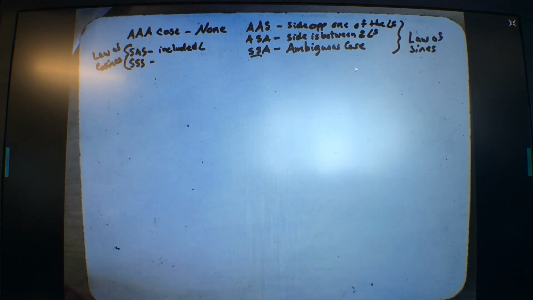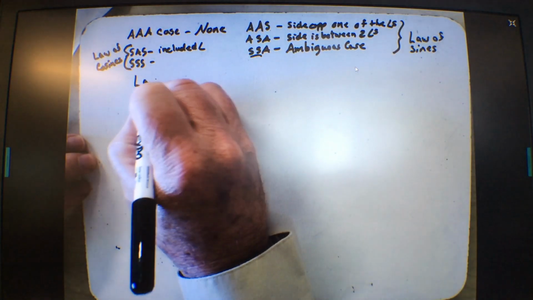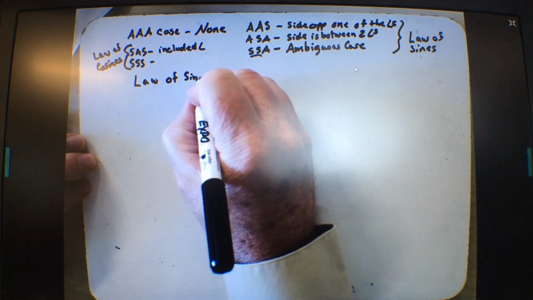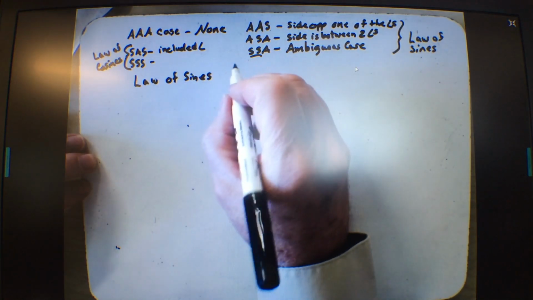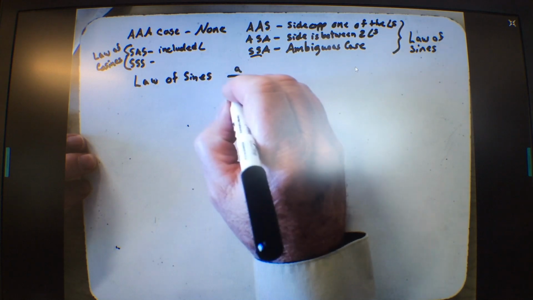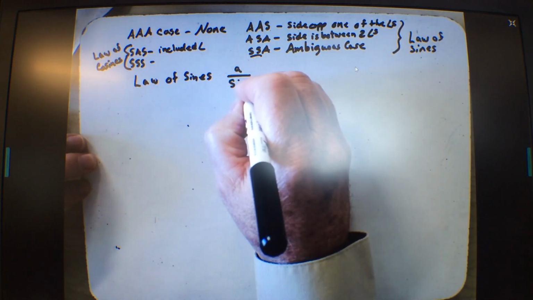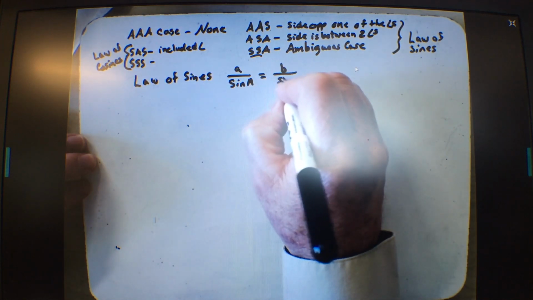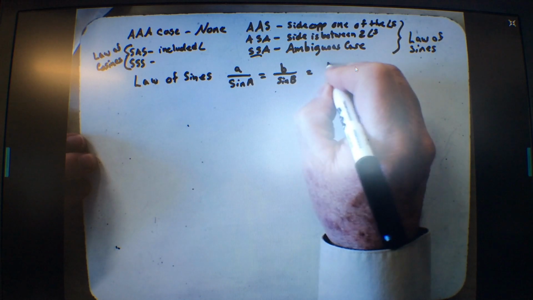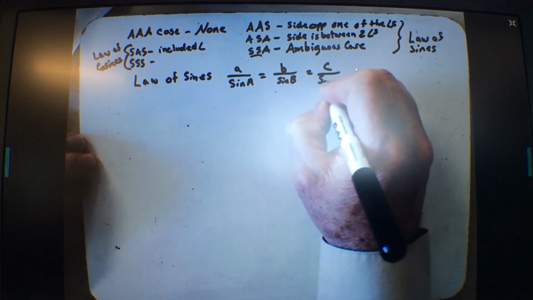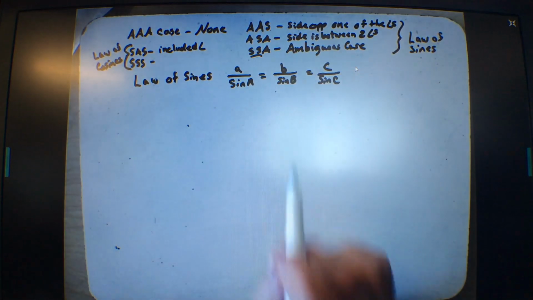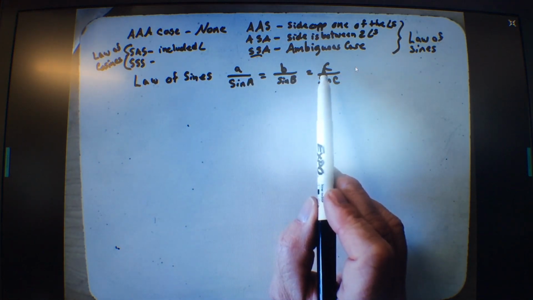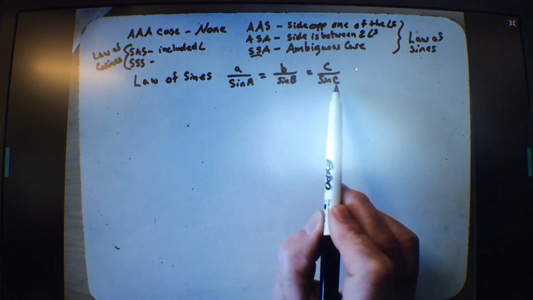First of all, you have to memorize the law of sines, and I'll give it to you. There are two forms of it. The first form that I use, and actually the book lists it second, is a over the sine of angle A equals b over the sine of angle B equals c over the sine of angle C. Notice the lowercase letters are the sides, and the uppercase letters are the angles.